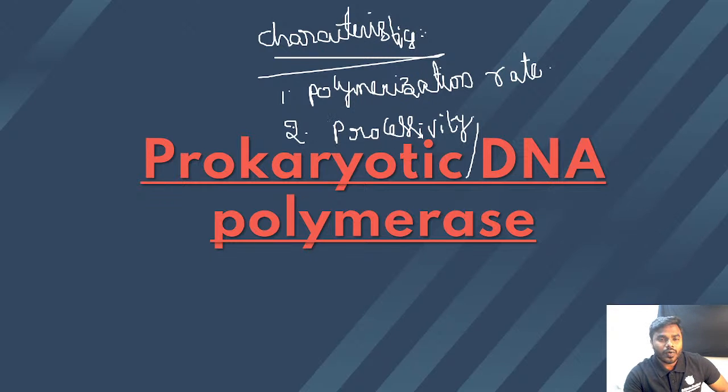Good evening all. I will tell it in a very simple and unique way. Just listen. What is polymerization rate and what is processivity? Here, don't confuse. Polymerization rate means how many nucleotides can be added per minute, or how many nucleotides will be added before it falls off.